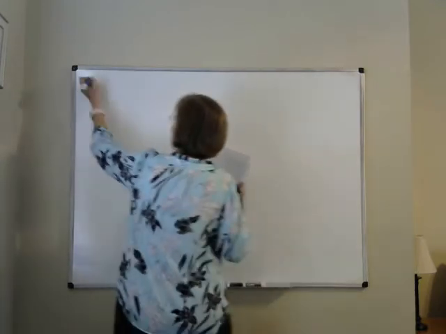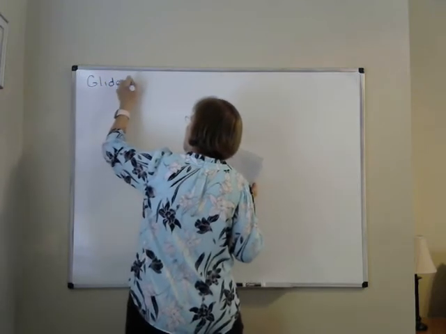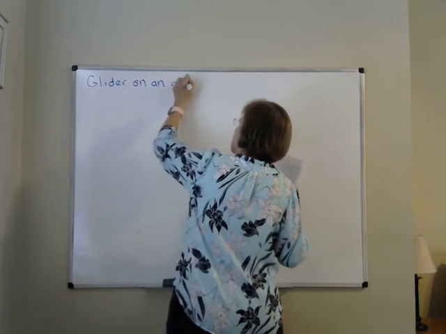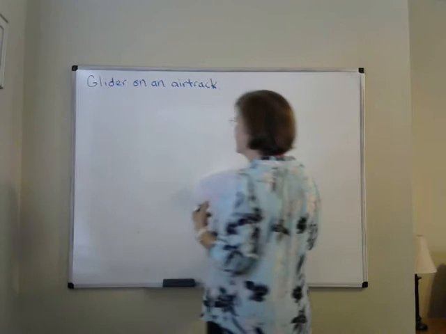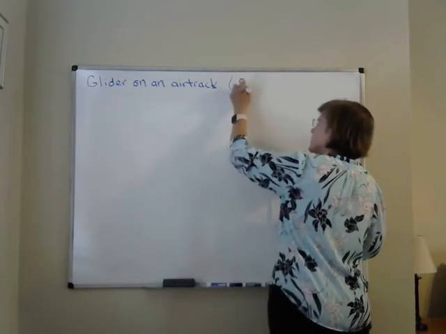This is about a glider on an air track. The purpose of the air track is that it minimizes friction. So for our purposes, this is frictionless.